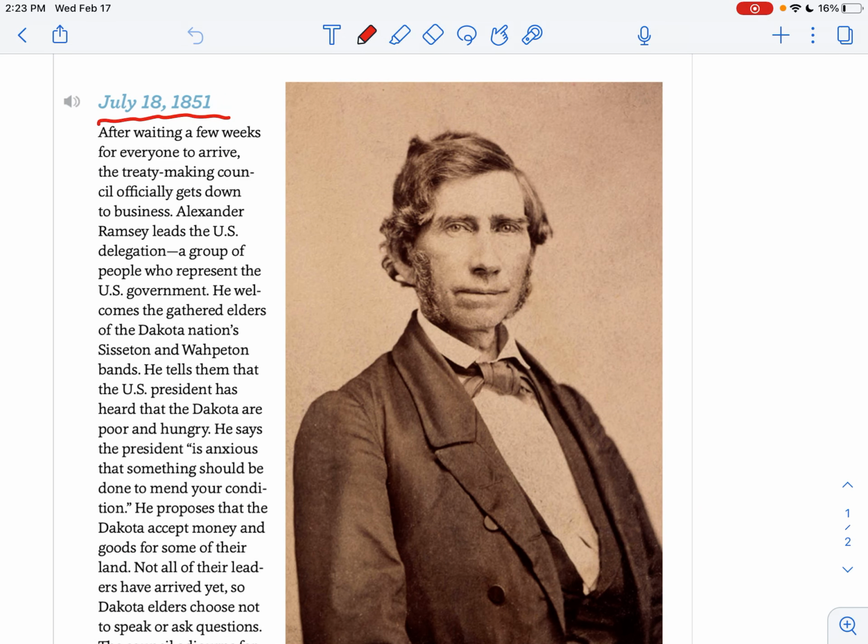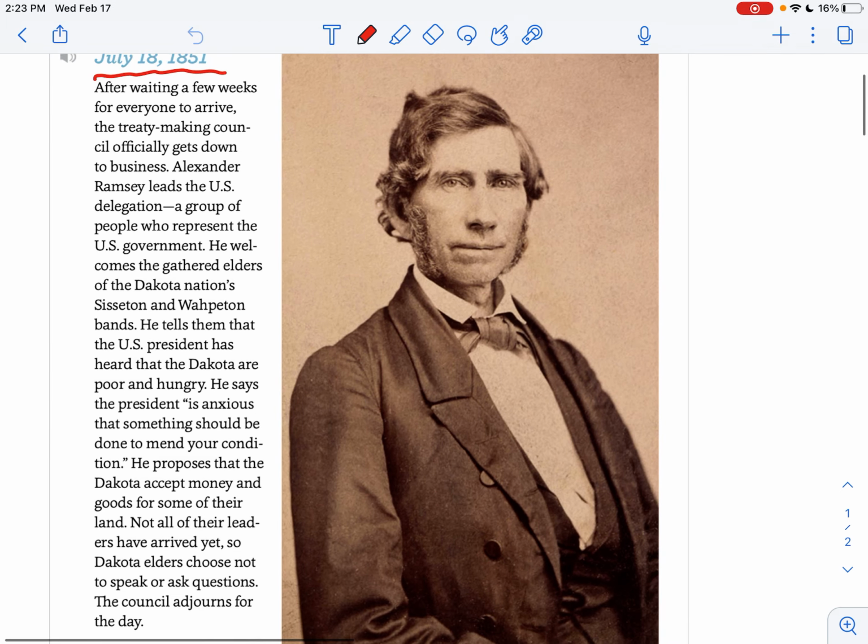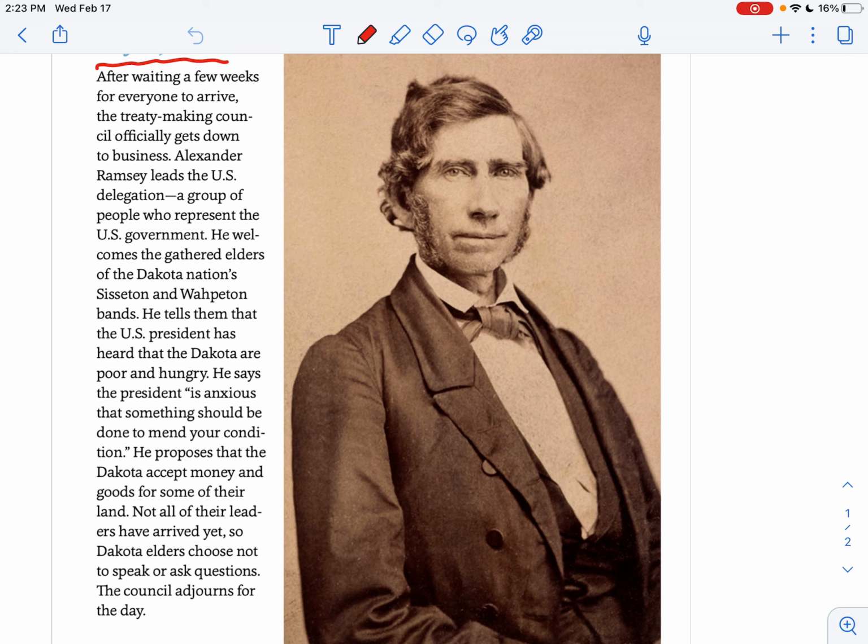After waiting a few weeks for everyone to arrive, the Treaty-Making Council officially gets down to business. Alexander Ramsey leads the United States delegation. All right, Ramsey is the boss of the United States group, a group of people who represent the United States government. Okay? He welcomes the gathered elders of the Dakota Nation's Sisseton and Wahpeton bands.